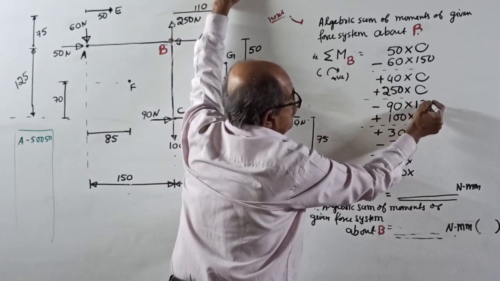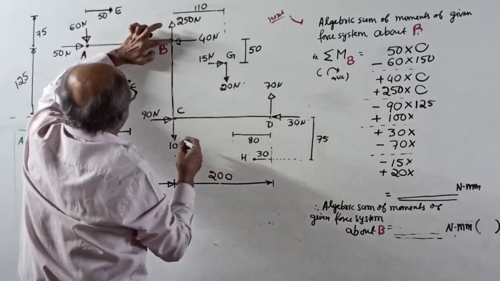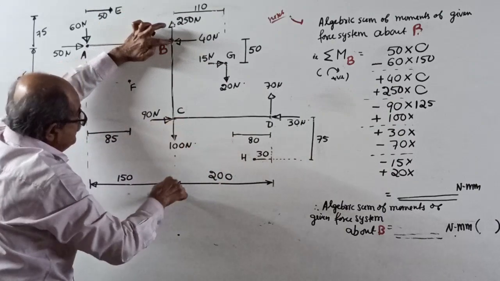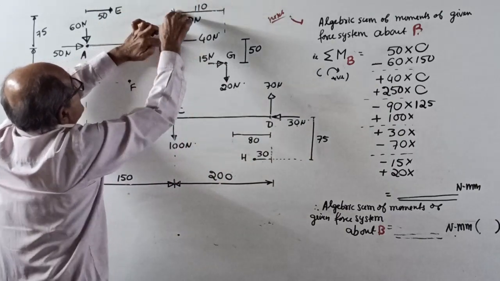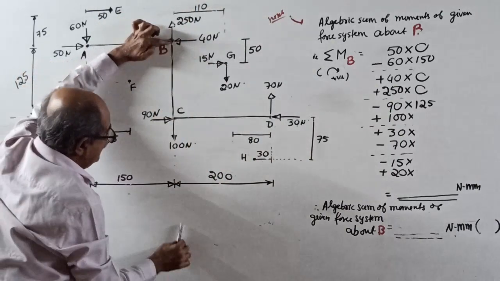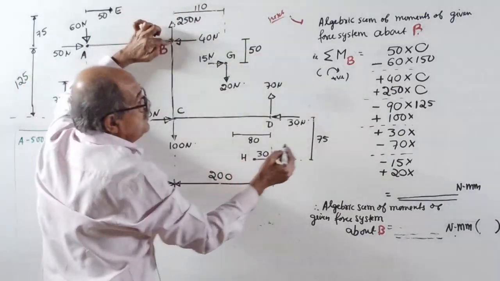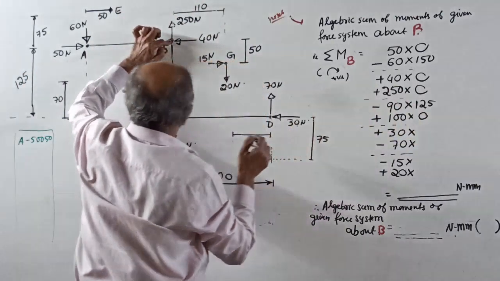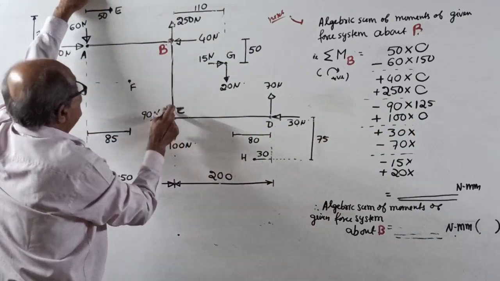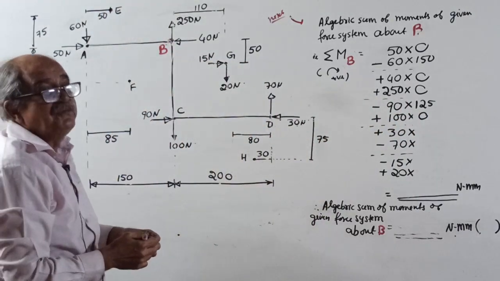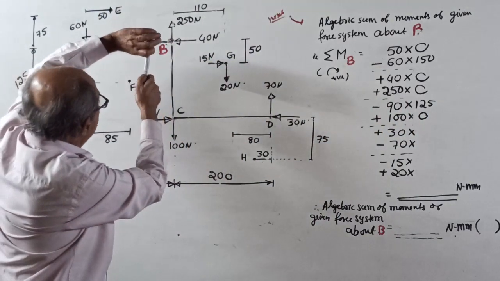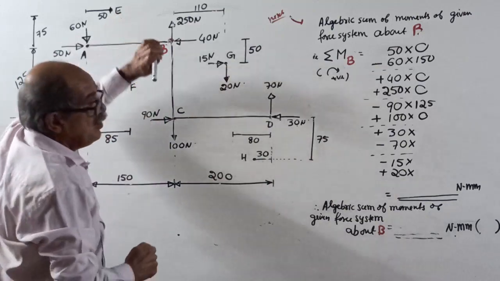And 100 is here. See? If I extend, this force is going this way. 100 also into 0. By mistake, if you write 100 into this distance, full life you cannot decide clockwise, anti-clockwise.